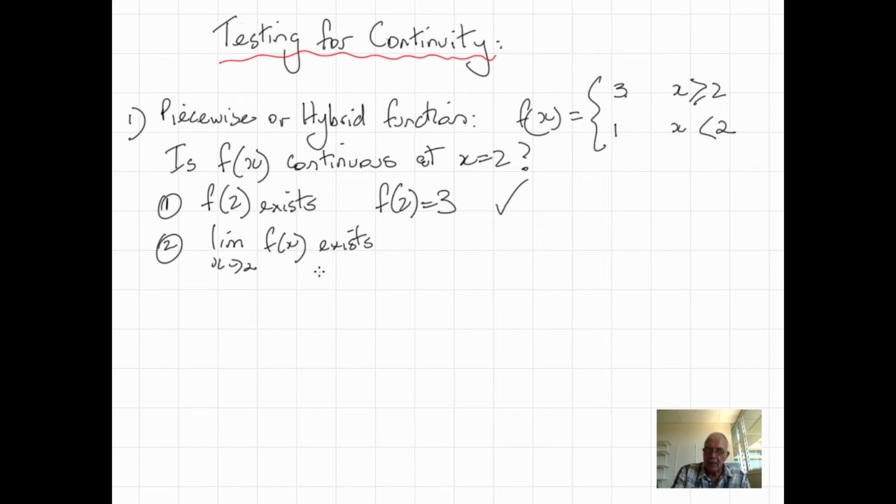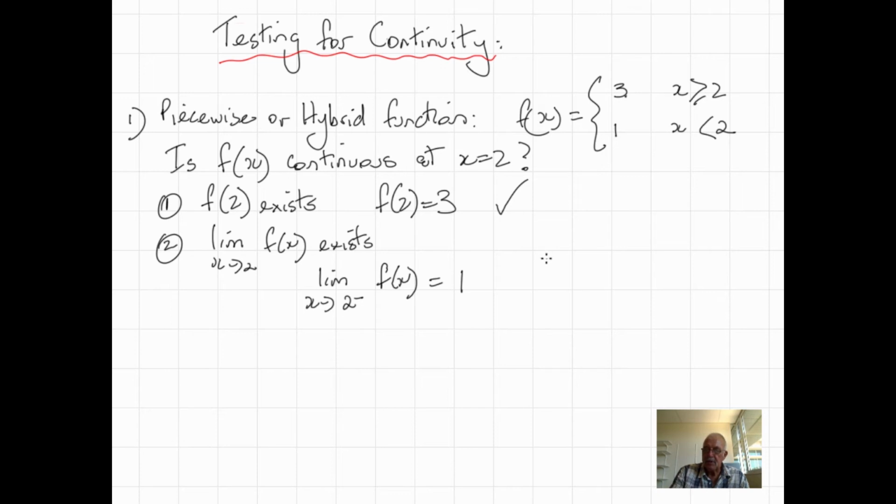We can see that the limit as x approaches 2 from the negative side, so when x is less than 2, the function is equal to 1, so it's going 1, 1, 1, 1, 1. So f of x will be equal to 1. As we approach 2, when x is less than 2, the function is equal to 1.